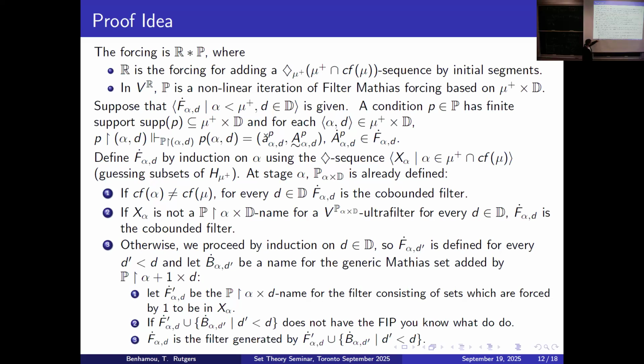Otherwise, if it does, you just generate an ultrafilter. This is the filter you put here. So the filter you have here, if it's a non-trivial coordinate, will consist of this ultrafilter chopped to this model, plus the generic sets you already added at coordinates below D. Okay, and then this is the filter F alpha, and this is the forcing. Okay, this defines the entire forcing.